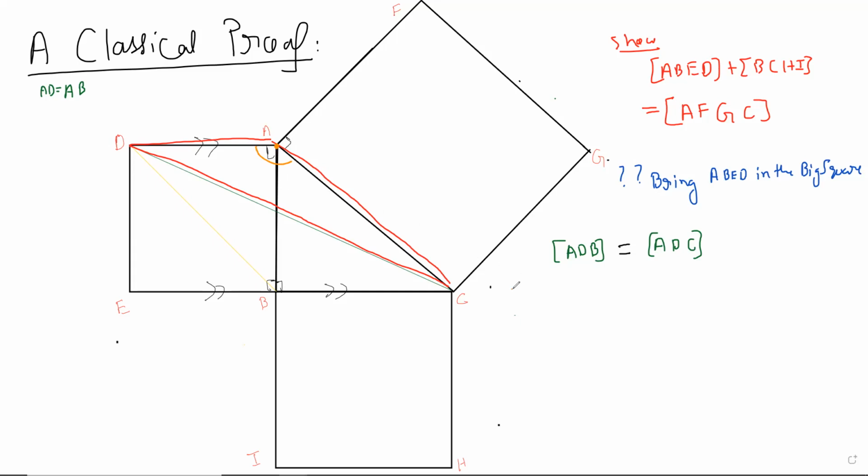Okay, so I'll write the recipe. Fix A, rotate ADC, rather DSC, same thing, about A by 90 degrees. And tell me, where does it go?